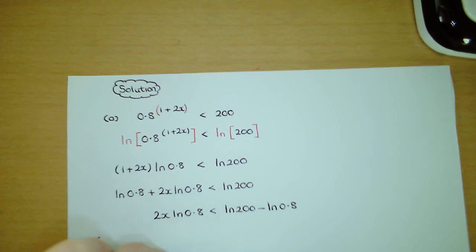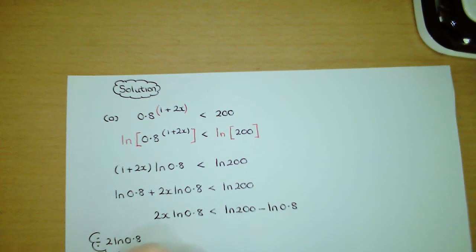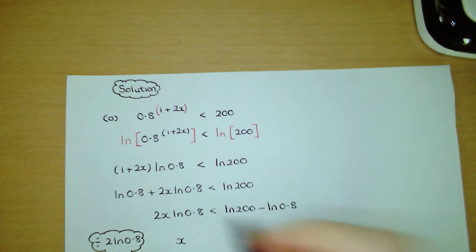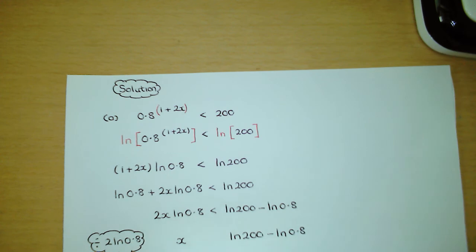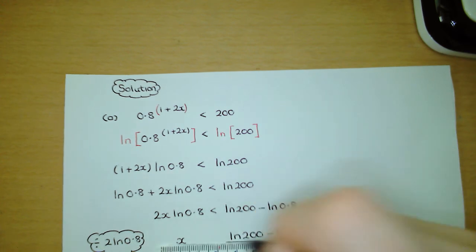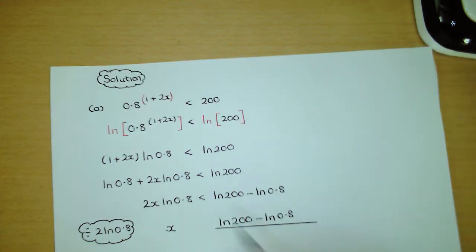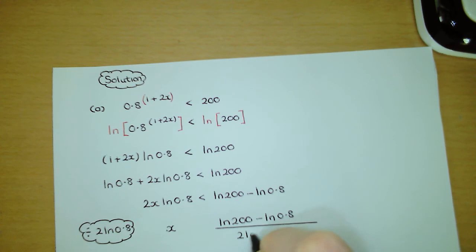Now, this is where we need to be careful. So we'll be left with x on the left-hand side, but on the right-hand side, we're going to have natural log of 200 minus natural log of 0.8, and that's all over 2 times the natural log of 0.8.